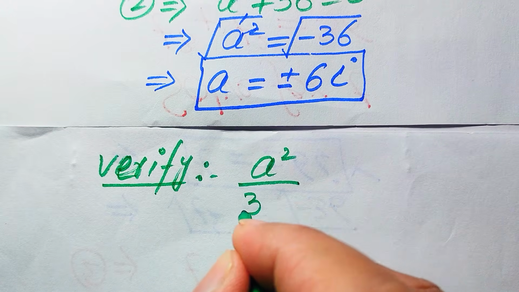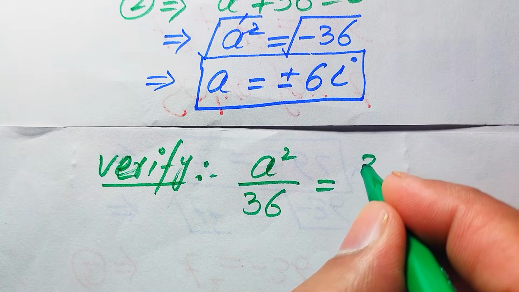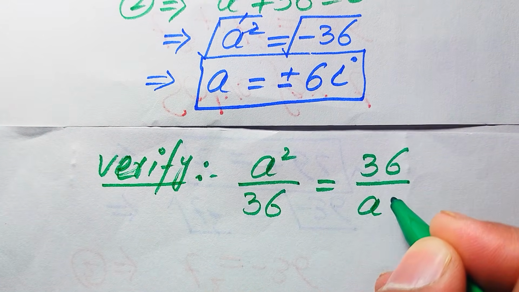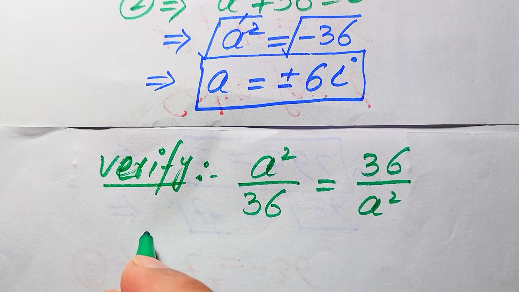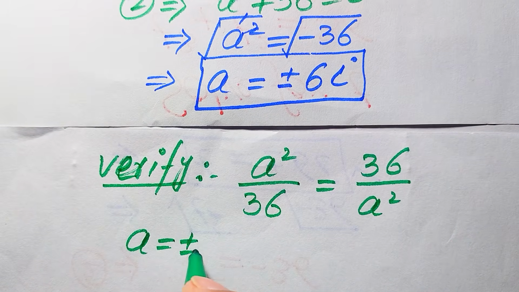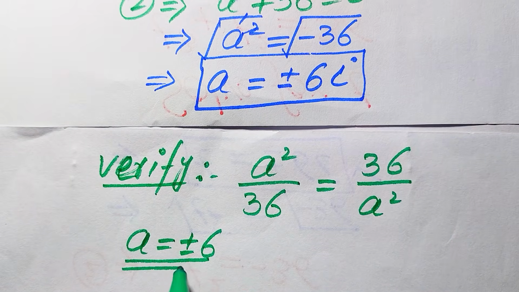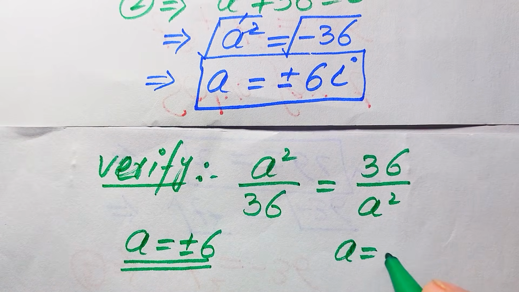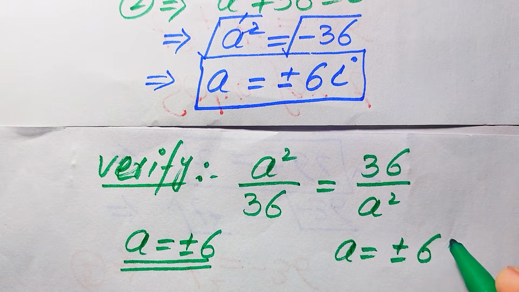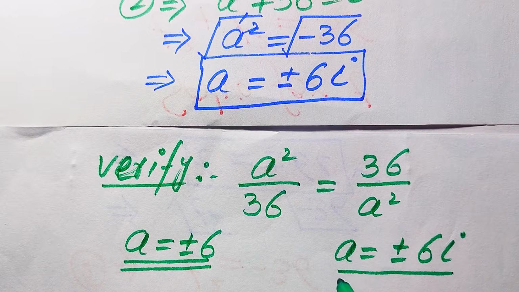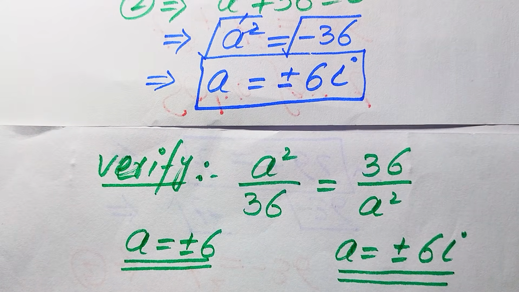Here it is a square divided by 36 equals 36 divided by a square. On this side we will verify a equals plus minus 6, and on this side we will verify a equals plus minus 6 iota. So we need to verify all four roots.